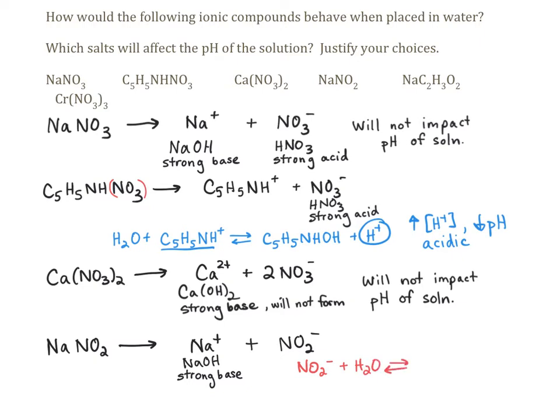Some of the NO2 will combine with water to make nitrous acid, which is a weak acid, which will then increase the amount of hydroxide floating around in the water. So it will increase the concentration of hydroxide, which will increase the pH and make this a basic solution. All right, our next example is sodium acetate.